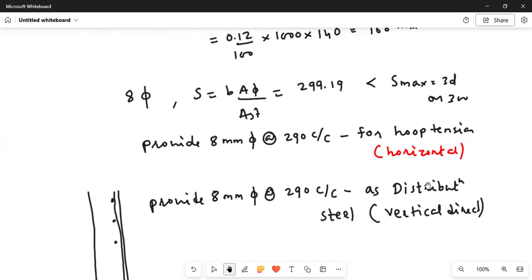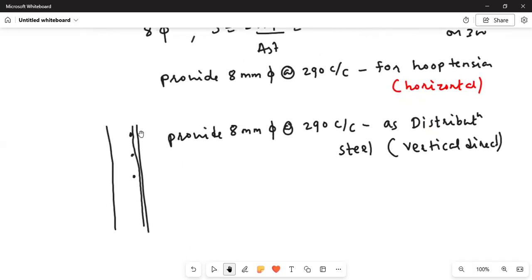Similarly, the horizontal reinforcements are provided for the hoop tension, and vertical reinforcement is also provided in the side wall, and that is the distribution bar. Again, the distribution bar is the minimum reinforcement provided in the structural element.